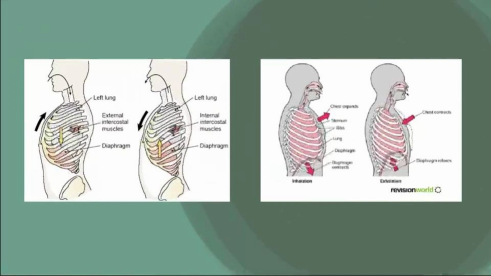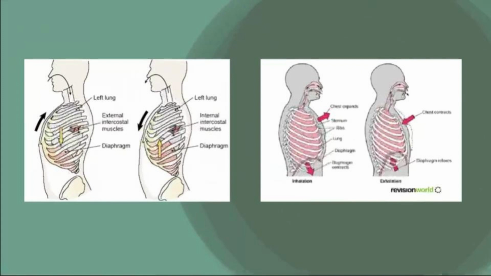So during expiration, the aim is for the opposite to occur. So you want to decrease the volume in the lungs so that you get air forced out. So you may guess that what's going to happen is the opposite contraction to what we saw in inspiration.